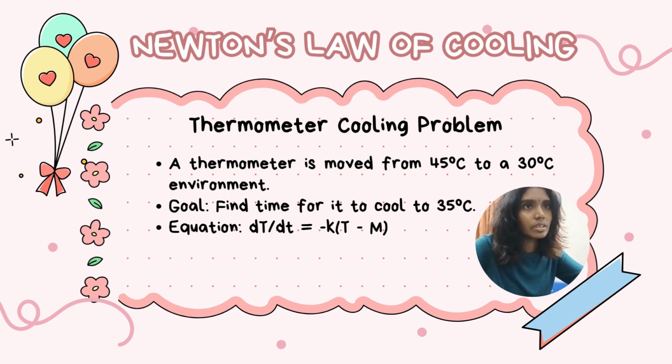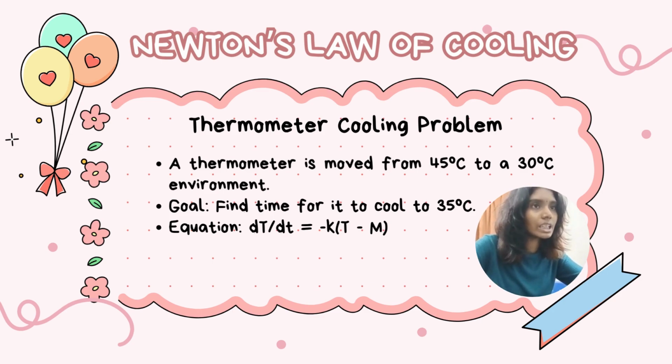What does this mean? The thermometer cools down following an exponential curve. The actual time depends on the value of k, which would be determined by the specific thermometer and environmental conditions.